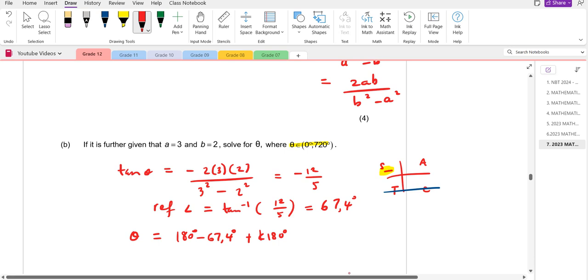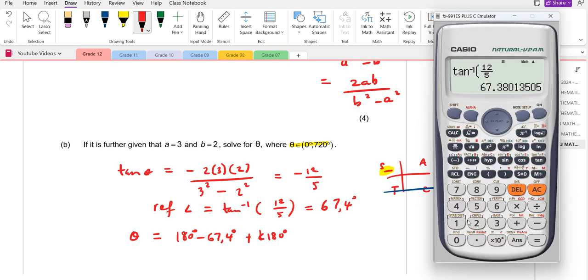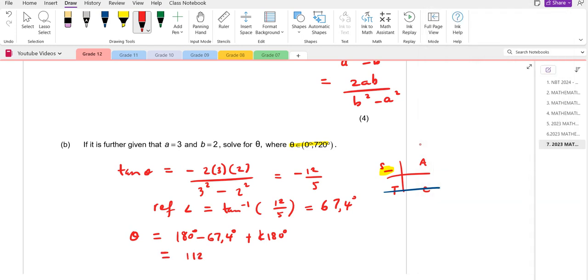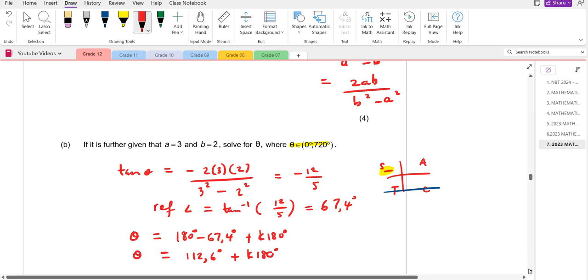So 180 minus 67.4 is going to give me 112.6 plus k180.